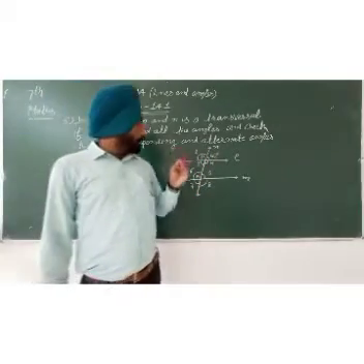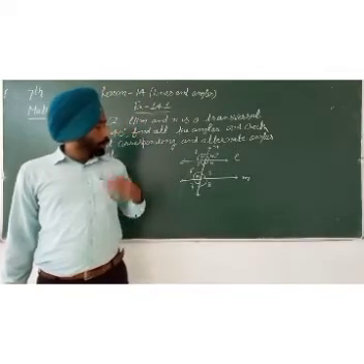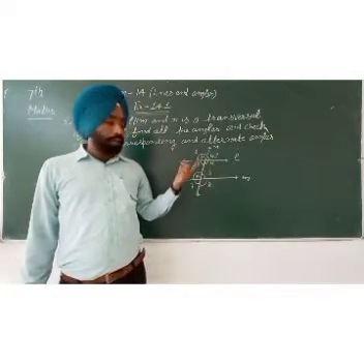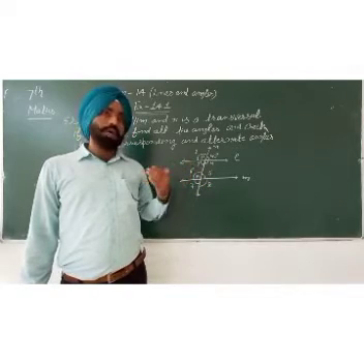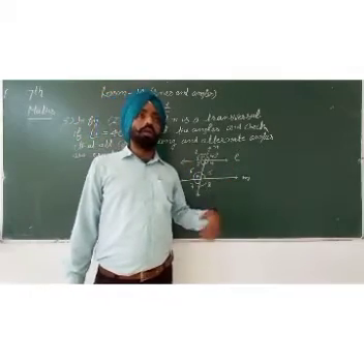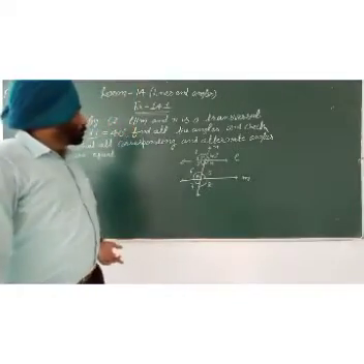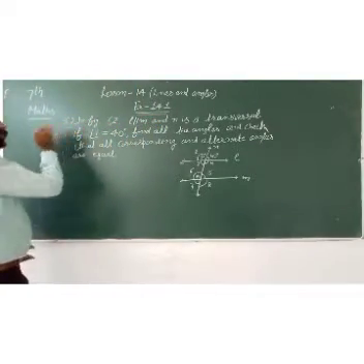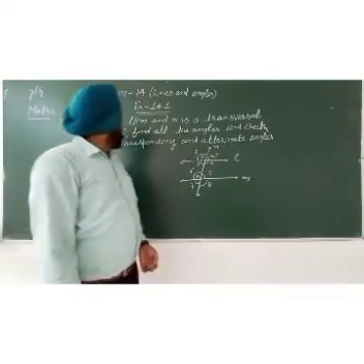And in the second type of question, you are given any one angle, or they will ask whether the lines are parallel or not. So the first type of question, we will discuss here.